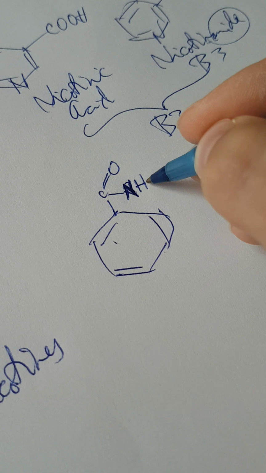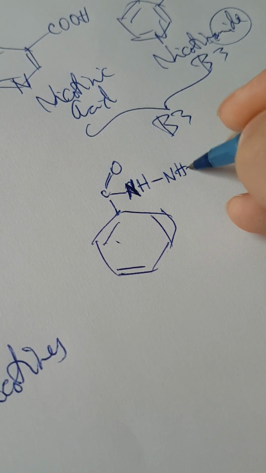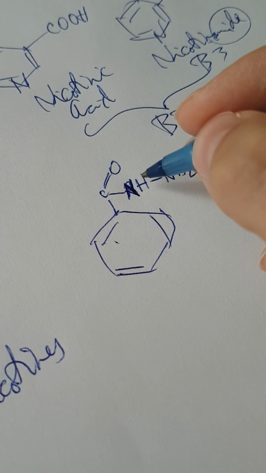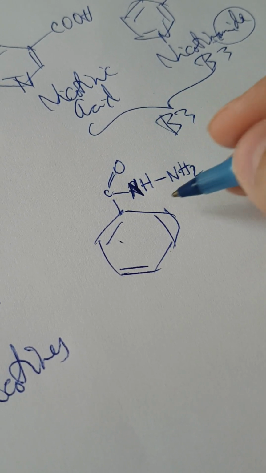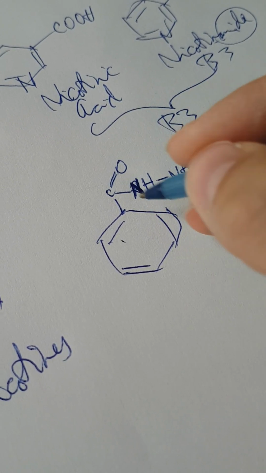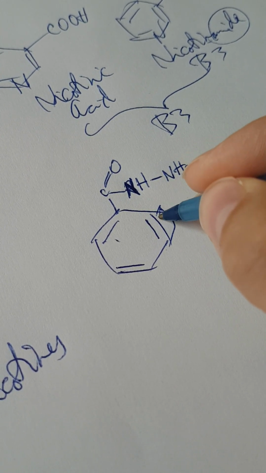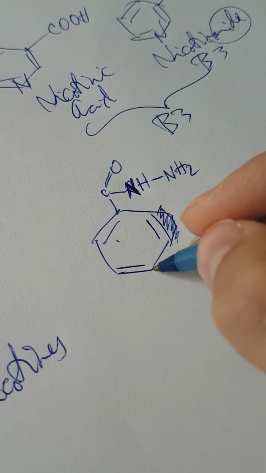Hydrazide is when you don't just have an amide, but you have an amine, if that makes sense. I wrote this oddly, so I will just get rid of this.